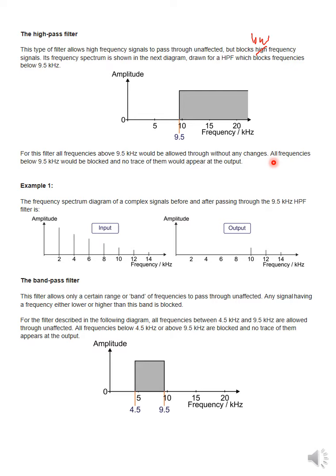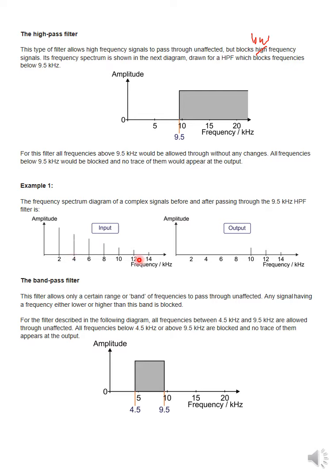So whatever the frequency is below 10 will be blocked, and all the frequencies above 10 will be passed by this filter. For this filter, all frequencies above 9.5 kilohertz would be allowed through without any changes. All the frequencies below 9.5 kilohertz would be blocked, and no trace of them would appear at the output.